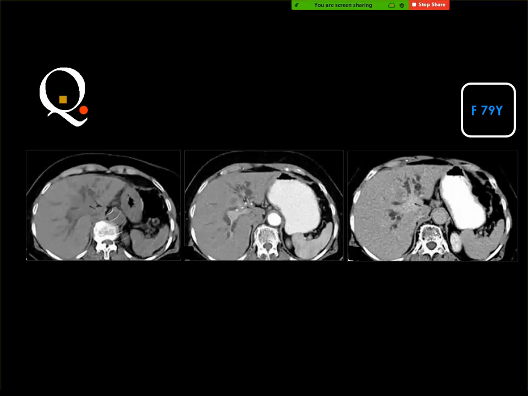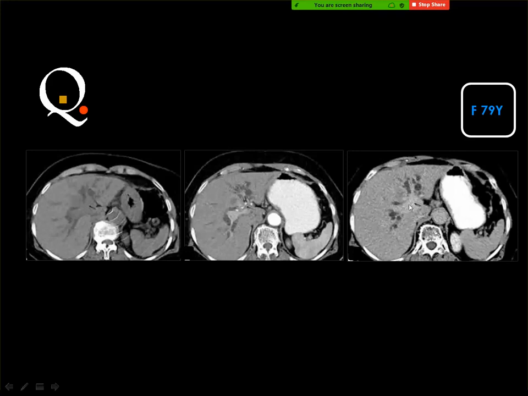Biliary radicals dilated due to the biliary obstruction. What is the cause? I don't see any, or maybe cholangiocarcinoma.